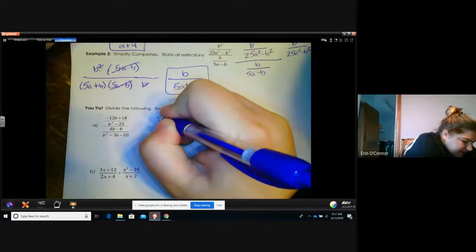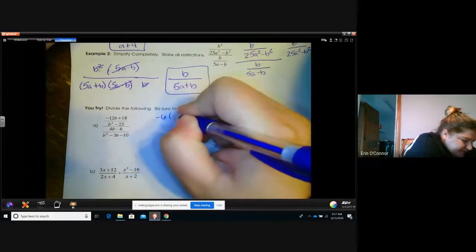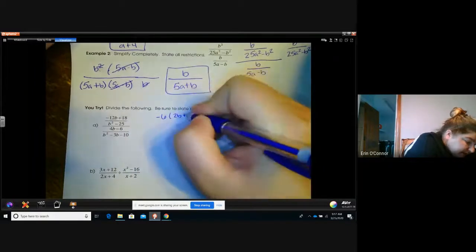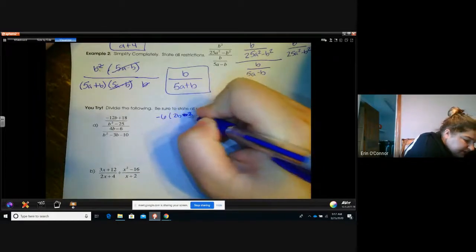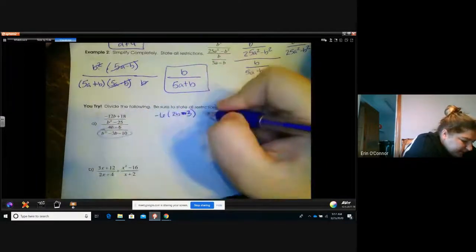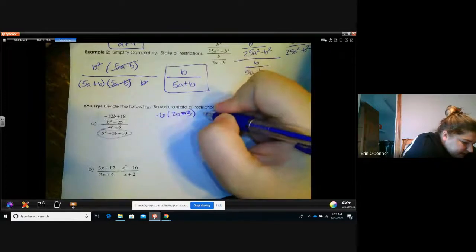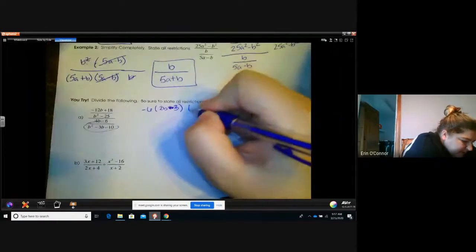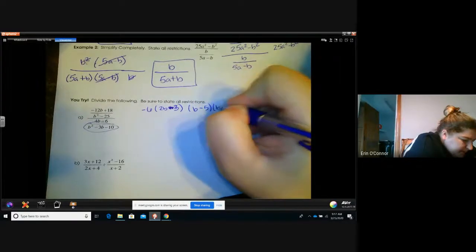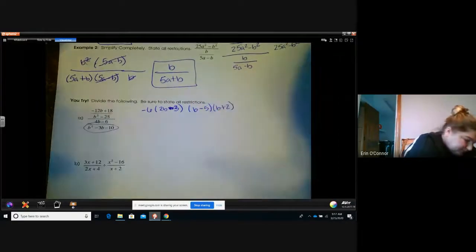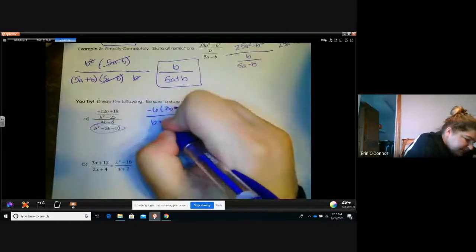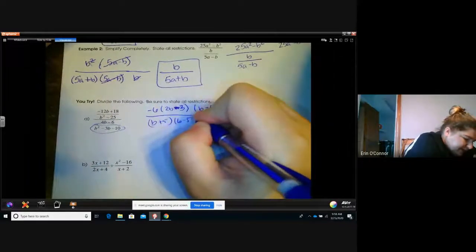I'm taking out a GCF of -6. So I have 2b plus, 2b minus 3 when I divide by -6. And then I am multiplying by the denominator of the other one, which means I have b minus 5, b plus 2, over, this is a difference of squares, b plus 5, b minus 5.